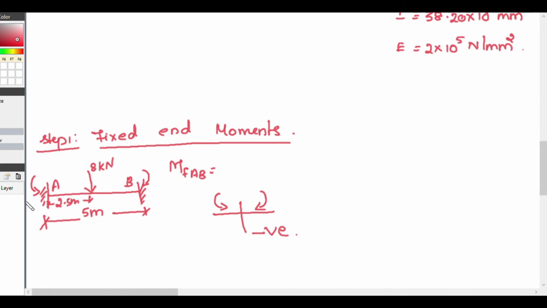That is why the support end moments are negative. At A, it is anti-clockwise and at B, it is clockwise. So, anti-clockwise is taken as positive. Sorry, anti-clockwise is taken as negative and clockwise is taken as positive. When you are taking the section on the span AB, both become negative.